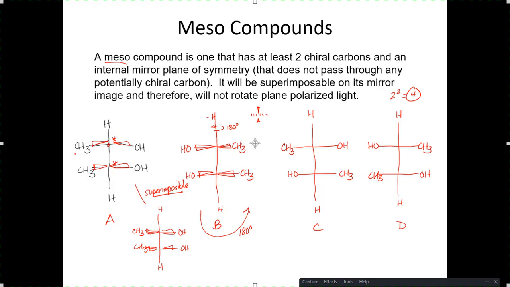The mirror plane of symmetry in this molecule passes through the molecule like that, and it also passes through over here.